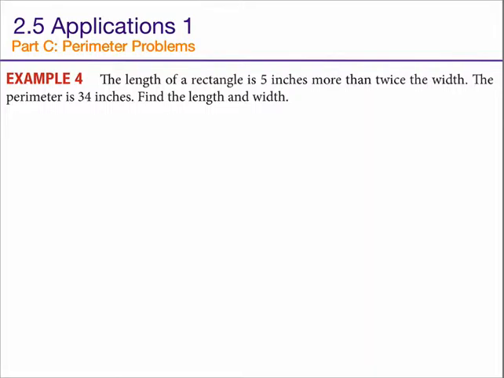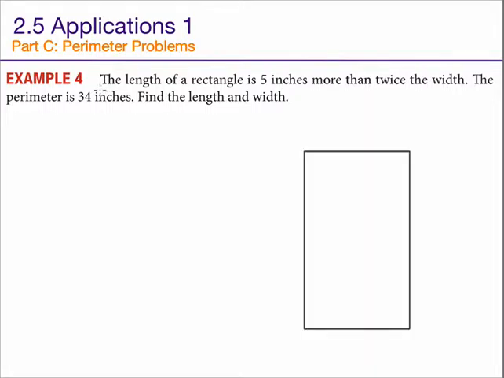Now looking at example 4, the length of a rectangle is 5 inches more than twice the width. If I translate that sentence into a mathematical expression, I get the length of a rectangle, L, equals 5 inches more than something.